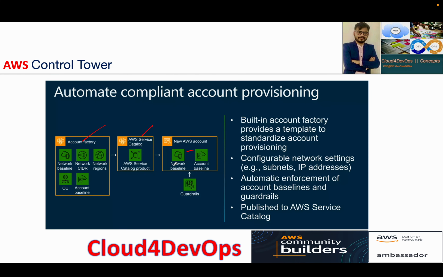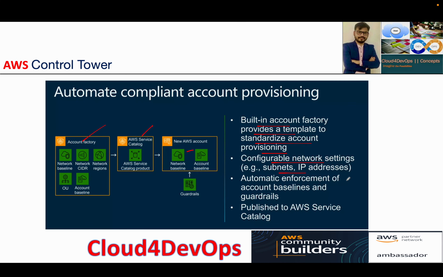Why? Because those are already applied at the org level, and whatever OUs you are getting, whatever accounts you are provisioning inside that OU, they get inherited from the parent OU. The built-in account factory provides a template to standardize account provisioning, with configurable network settings like subnets and IP addresses.